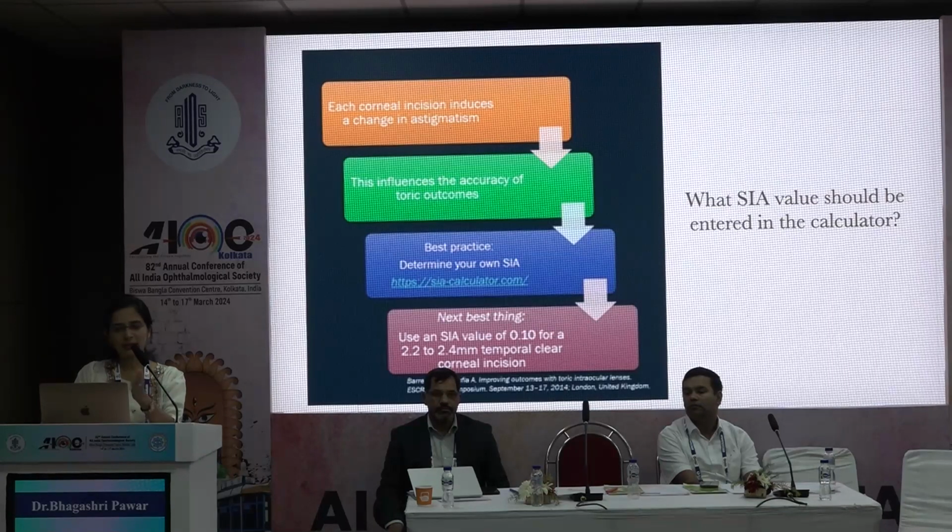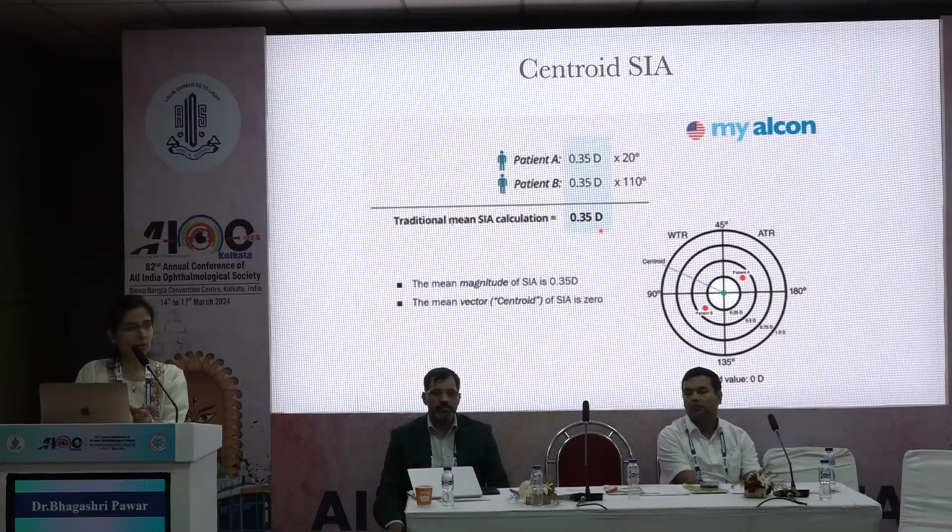So this value basically comes from centroid SIA. This is from the Alcon calculator, and this explains it very nicely. Suppose in patient A, I induce 0.35 at 20 degrees, and in patient B, I induce 0.35 at 110 degrees. Traditionally, the mean SIA is 0.35.